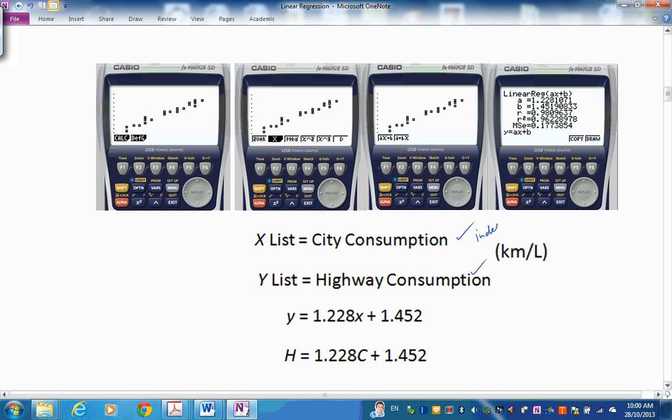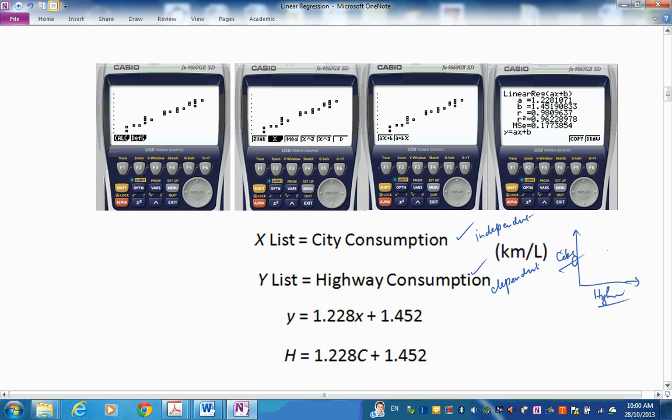This is independent and this is dependent. Well, a student said to me, did it matter in that problem? I think we plotted it last time, or in Pearson's textbook, we had highway and city. Did it matter? Well, we can't say one is dependent upon the other, or one's explanatory, the other's response as such, so it can go either way.